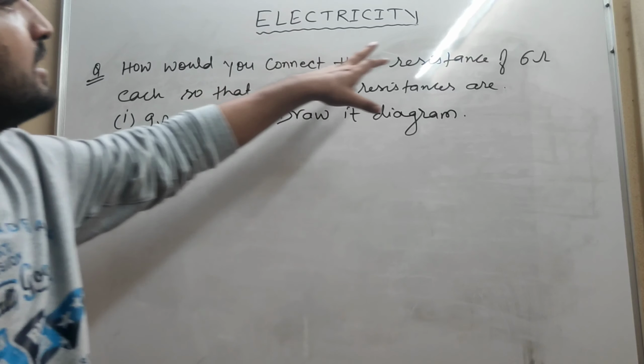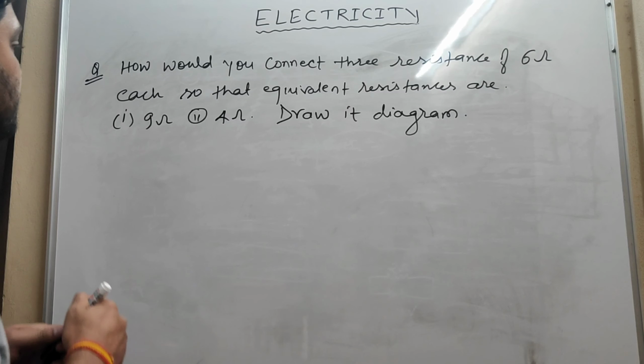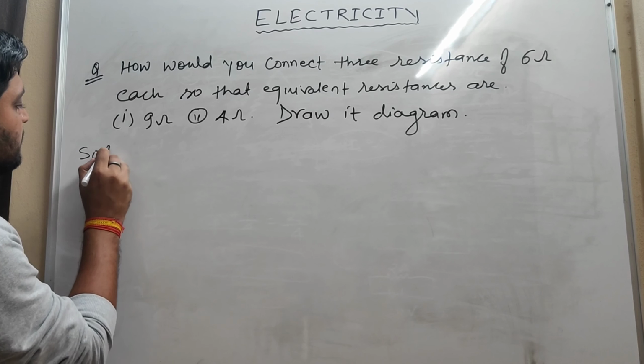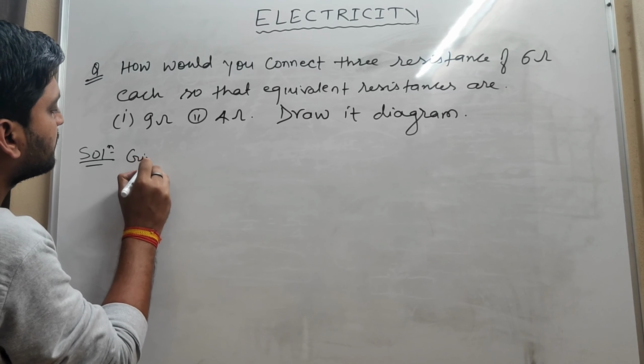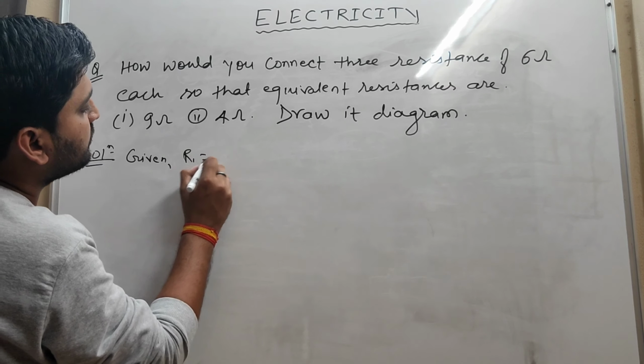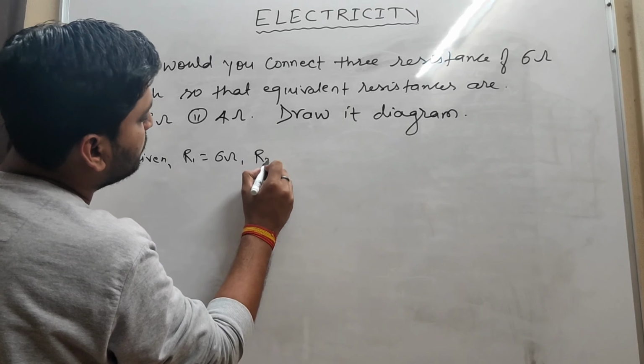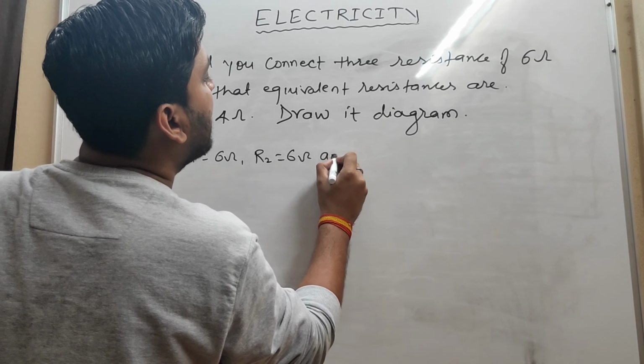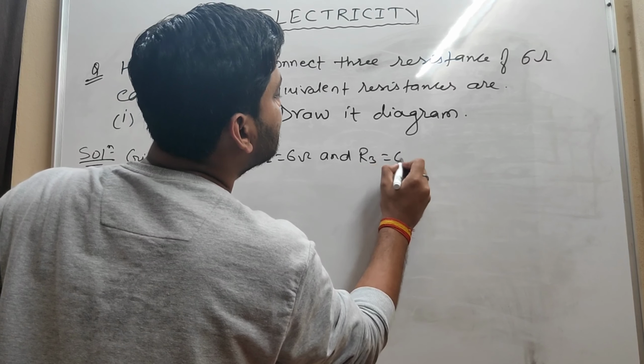So how do you connect three resistances of 6 ohm? Means we have three resistances. Solution, given: R1 is equal to 6 ohm, R2 is also equal to 6 ohm, and R3 is also equal to 6 ohm.